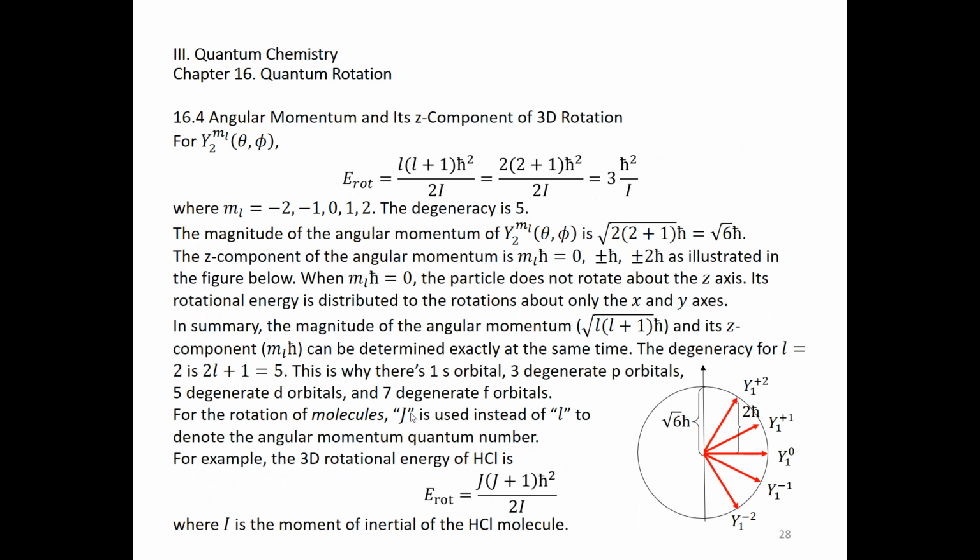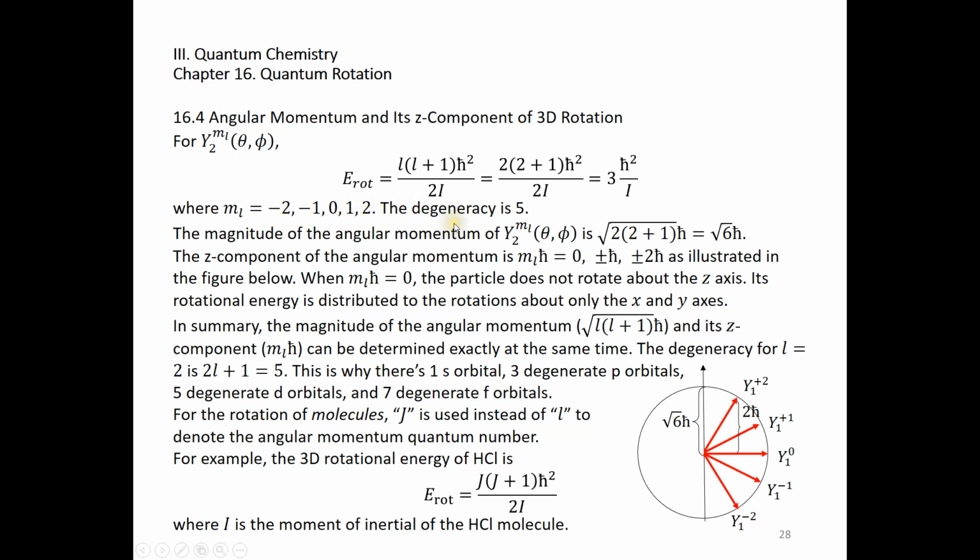Again, if we have a solution like this, L is 2, we plug in the number, the rotation energy is 3 times h bar squared over I. M sub L can be minus 2, minus 1, 0, 1, 2. We have a degeneracy of 5. So we have these 5 different options.